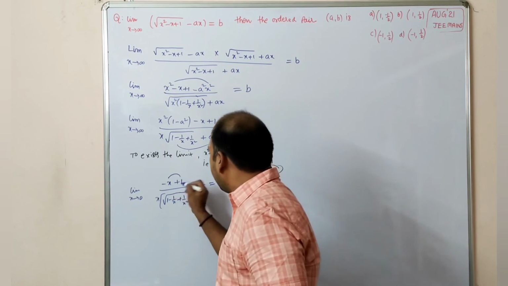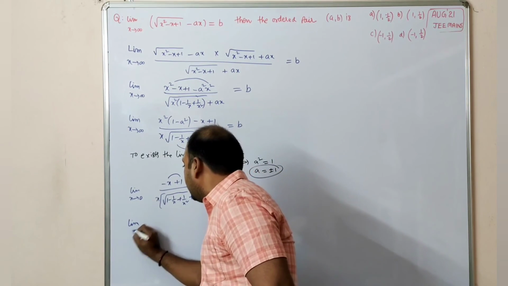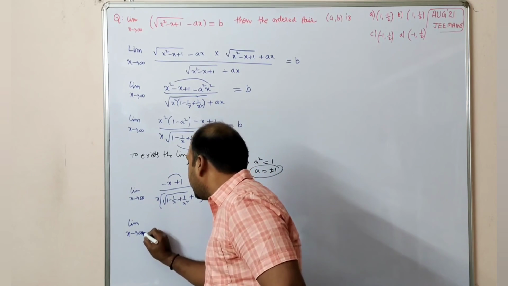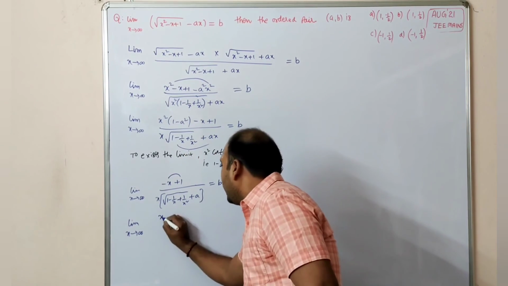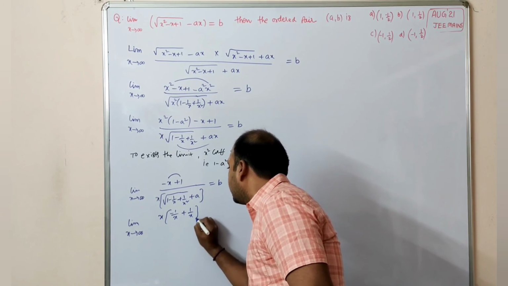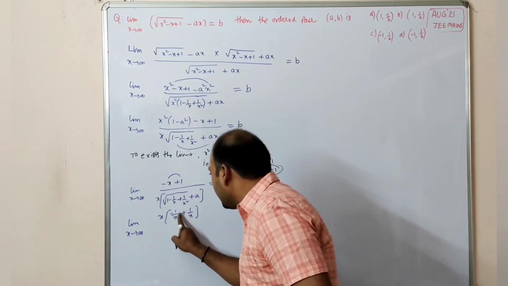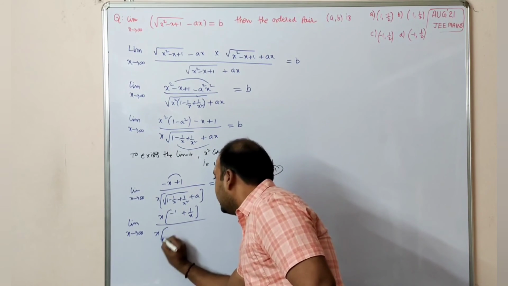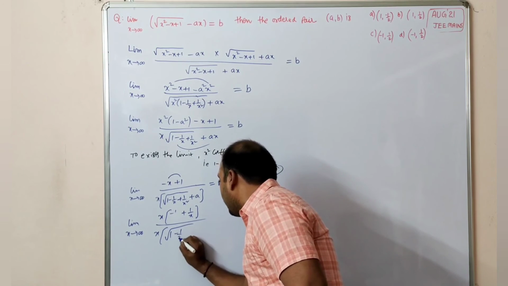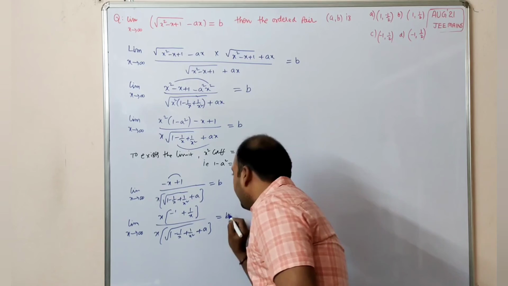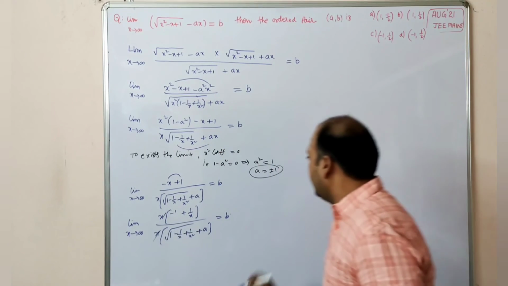So x take common from the numerator, limit x tends to infinity. If you take out common x, minus 1 by x plus 1 by x, so here only minus 1 now, divided by x into root over 1 minus 1 by x plus 1 by x square plus a is equal to b. x gets cancelled.